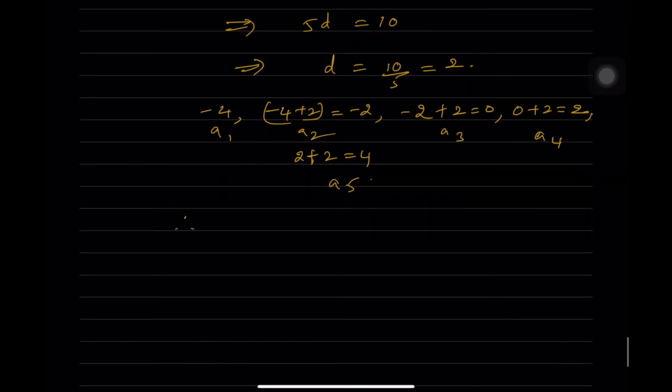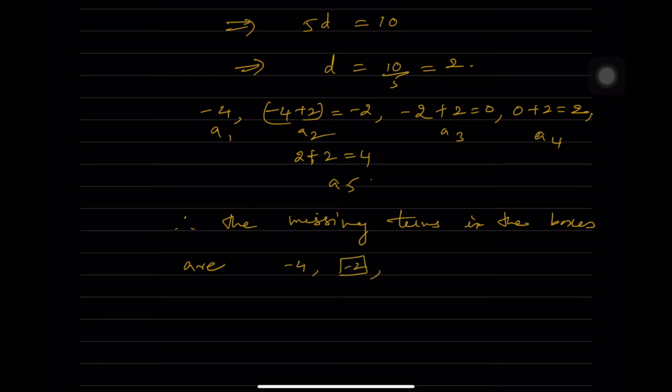So therefore the missing terms in the boxes are minus 4, minus 2 is the one which is missing. Then you're having 0 missing there.